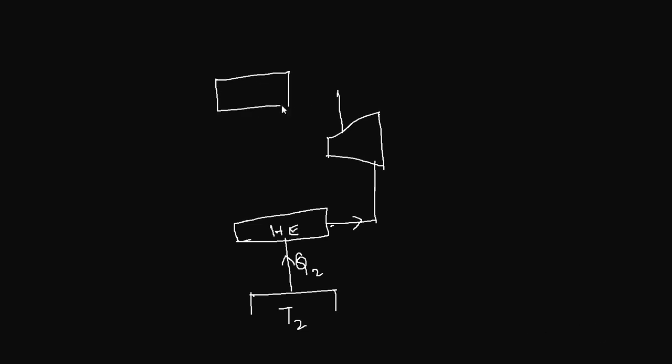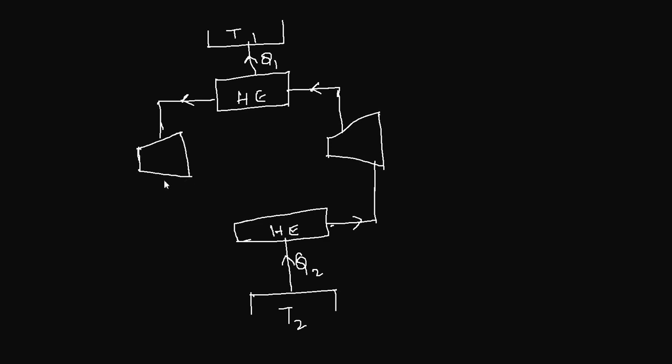high temperature heat exchanger, where you will reject the heat to a high temperature reservoir. The flow is exactly reverse to what happened in the Carnot cycle, so it is a reversed heat engine.